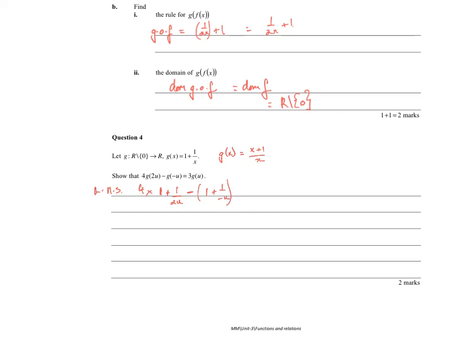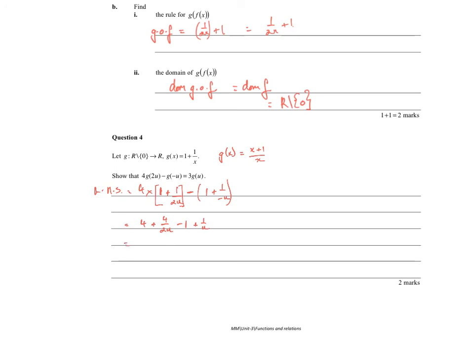Okay, and that's equal to 4 times all of that, I should say. So I get 4 plus 4 over 2u minus 1 plus 1 over u.